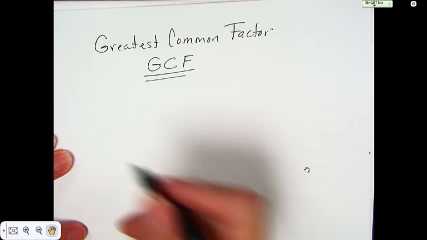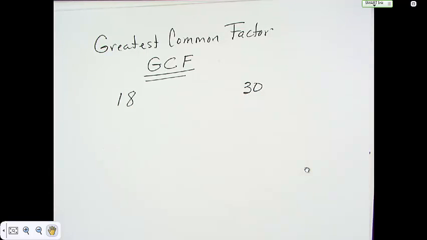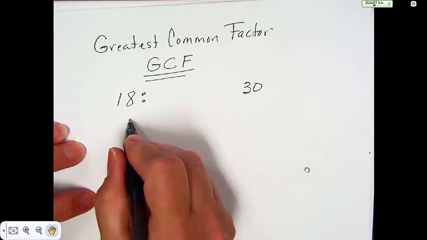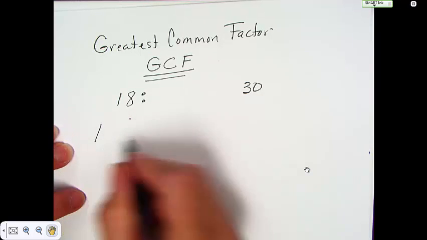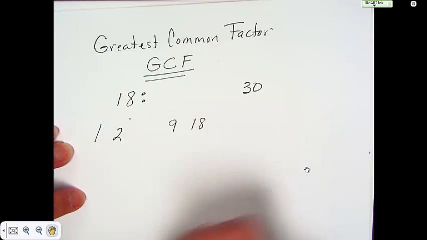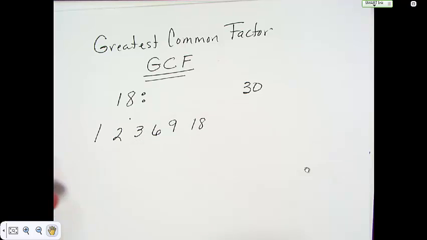For instance, let's choose 18 and 30. Okay, let's do our factor pairs for 18 because that worked pretty good. We have 1 and 18, 2 and 9, and 3 and 6.